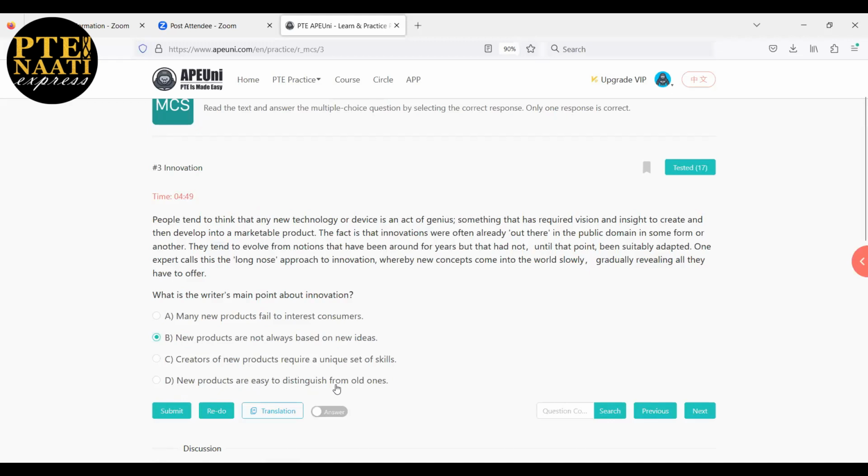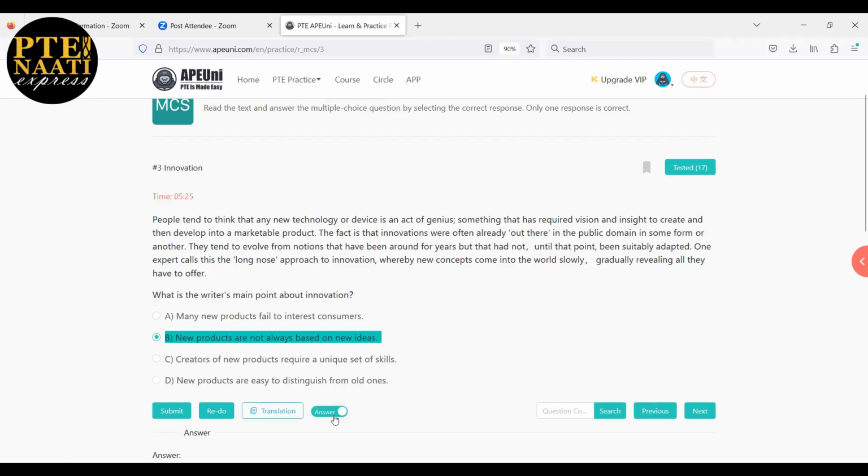New products are easy to distinguish from old ones. There is nothing to see about that. There is no such talk anywhere. Mostly it is about new products not always based on new ideas. The fact that innovations were often already out there, it is not even a new idea.